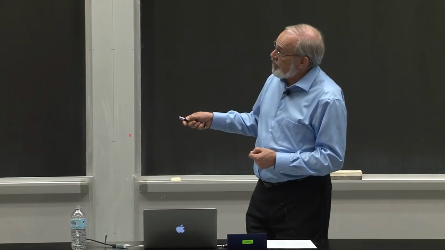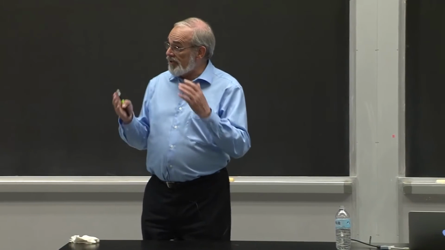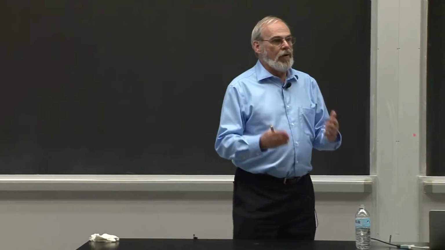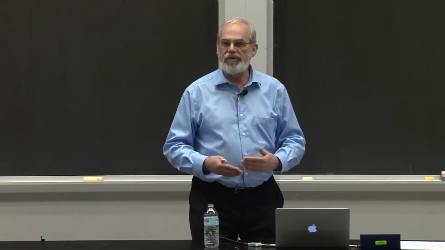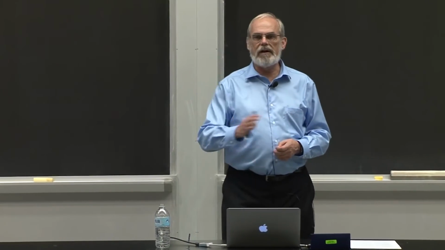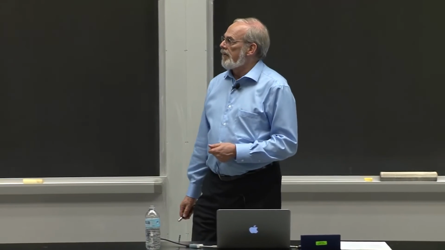So in fact, I could just return true right here. Does that change the order of growth of this algorithm? No. Changes the average time. I'm going to stop faster. But remember, the order of growth captures what's the worst case behavior. And the worst case behavior is the element's not in the list. I got to look at everything.